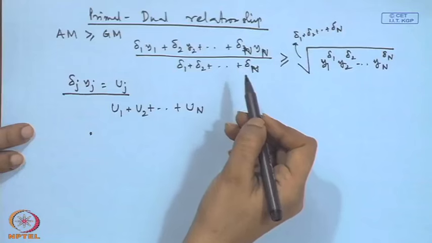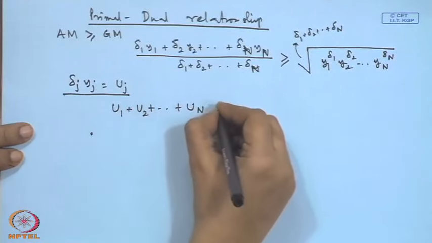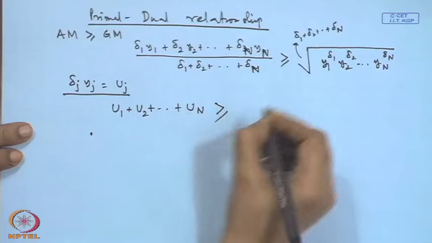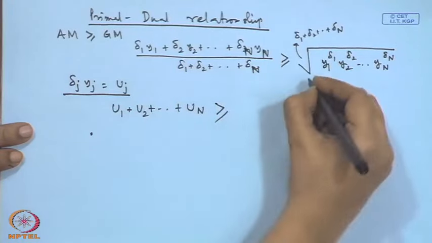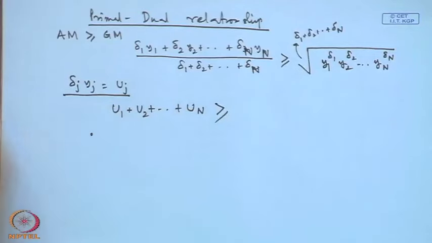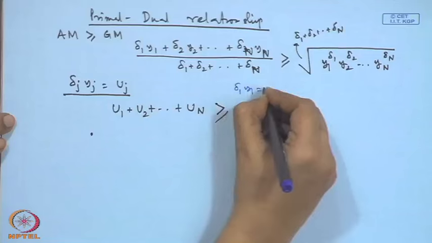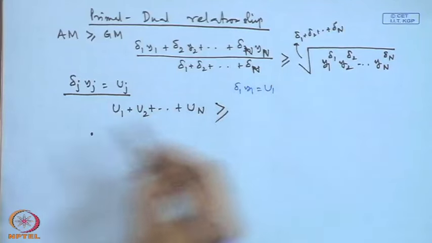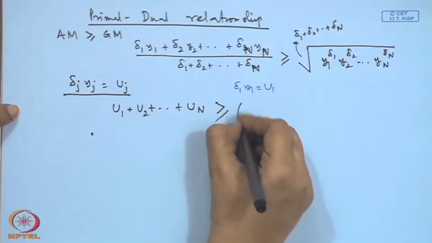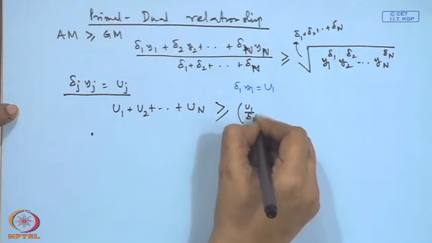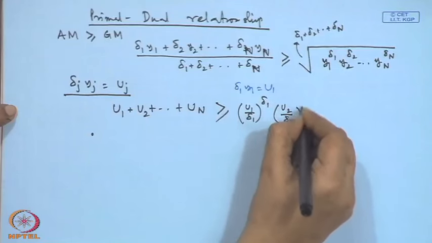That corresponds to our normality condition, as I said before. Then u1 plus u2 up to un is greater than or equal to, again with power 1 here. Thus we are considering delta 1 y1 is equal to u1. Therefore, we will just substitute here and we get y1 is equal to u1 by delta 1 to the power delta 1, u2 to the power delta 2.